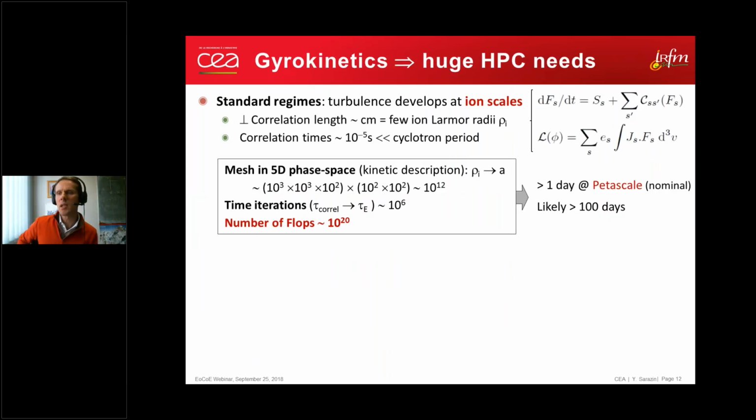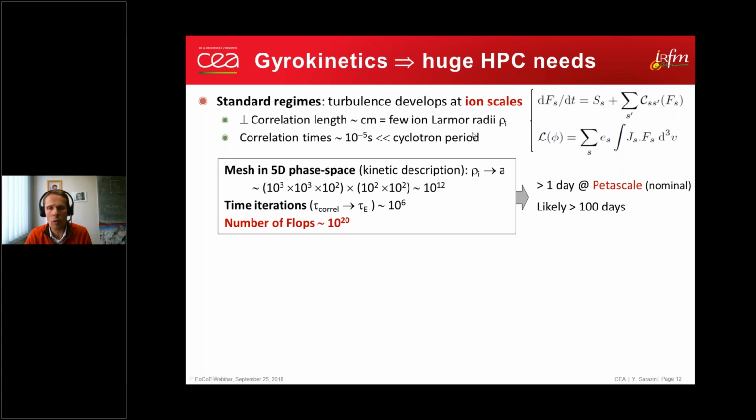So, since I mentioned that HPC is required, let's try to quantify a little bit more what the needs are. In standard regimes, so in the absence of transport barriers or improved confinement regime in tokamaks, I will come back to this later on, turbulence develops at ion scales.